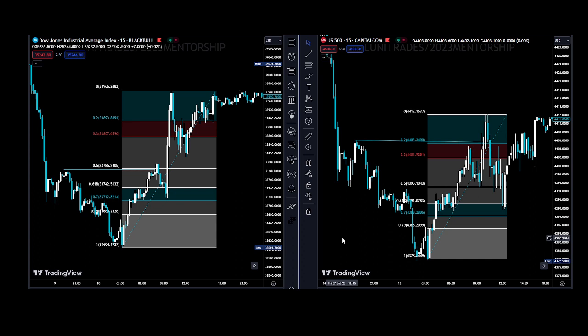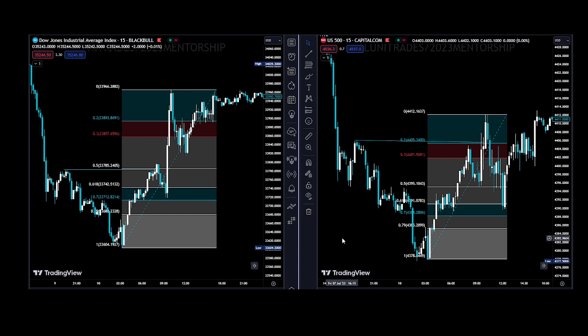Doing this analysis tells you the one that is weaker, while comparing the two markets, or the one that is stronger. Though they're moving in the same direction, one will actually move higher than the other.